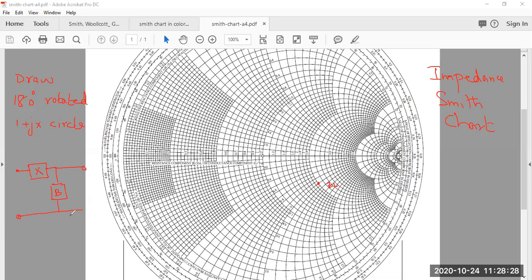So this is the L network that we are going to solve. In this circuit there are two elements, X and B. This is the series element, and this one is shunt.